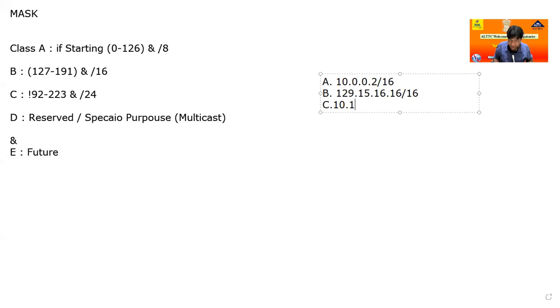Option C: 10.10.10.5/24. Option D: 10.10.10.2/8. And option E: 196.5.4.3/24. With the help of these options, we can easily identify the meaning of class A, B, C.